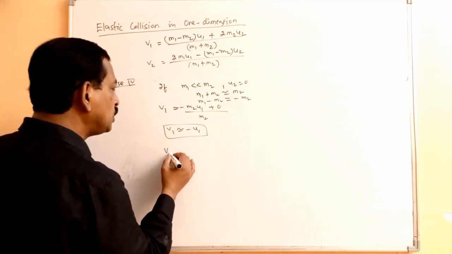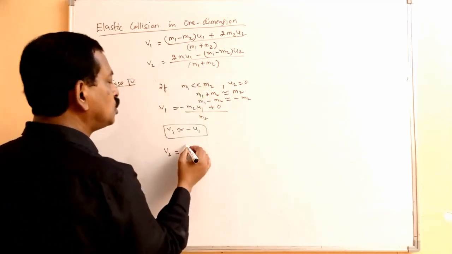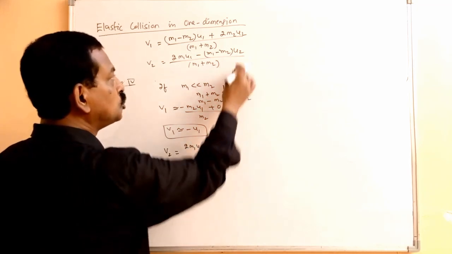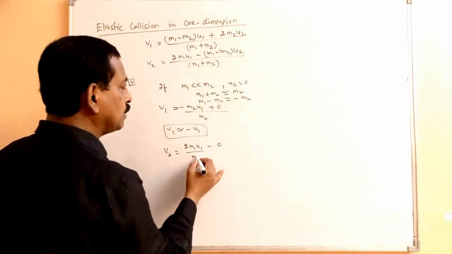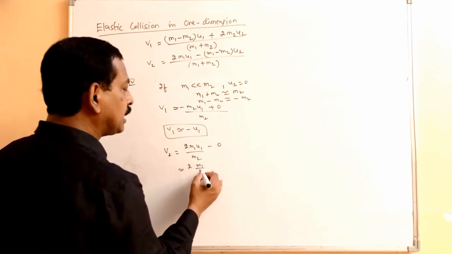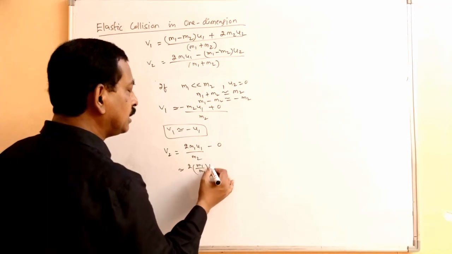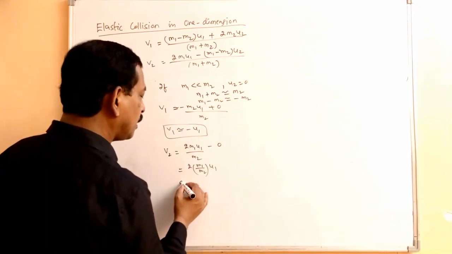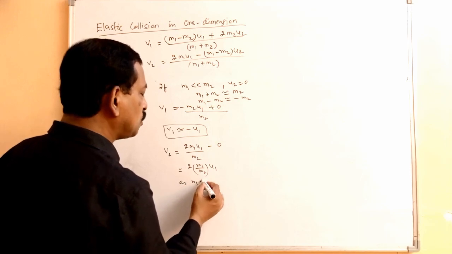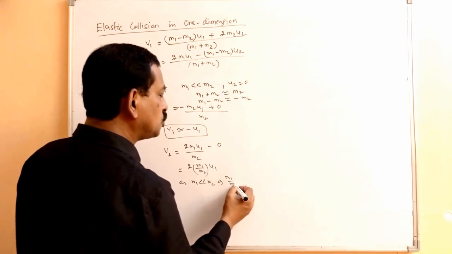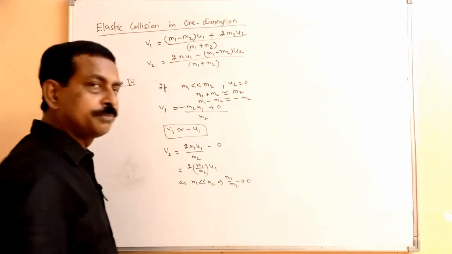Whereas v2, if you consider, will be 2 times m1 u1 minus 0, because u2 is 0, divided by m2. Now you see that m1 by m2, we can write it here with u1, as m1 is very small as compared to m2. So m1 by m2 will tend to 0.